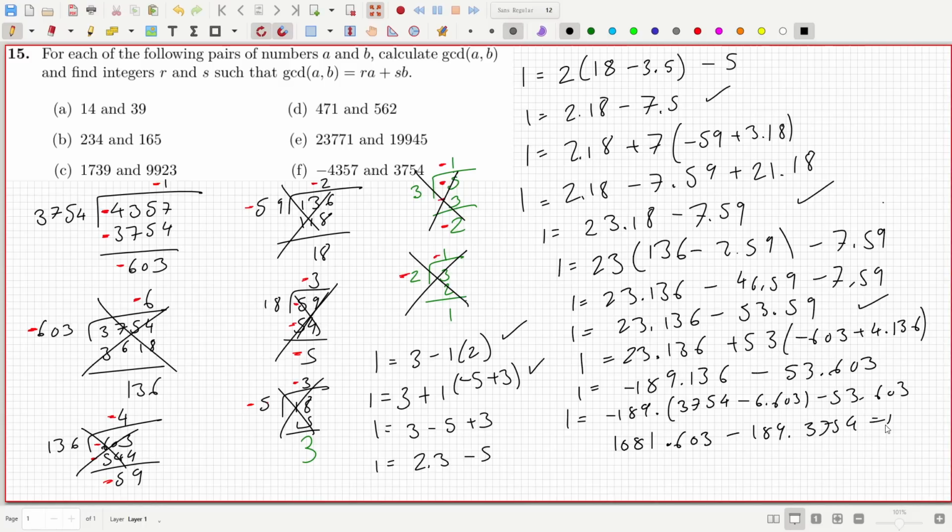Now let me check if that is right still. No, it's not. Let me check if the previous line is right. Minus 189 times 136 minus 53 times 603. No, that's not right. So I've done something recently wrong.